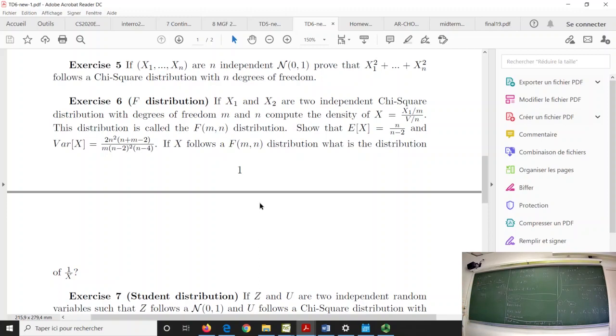What more can I say about these two random variables? They are independent, because x1, x2, xn, xn plus 1 are independent.